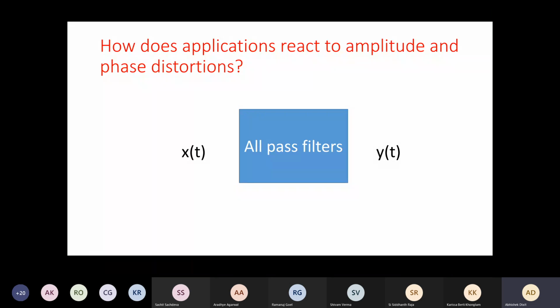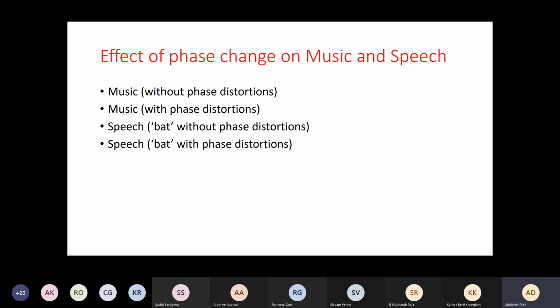The first analysis that we will do in the time that we have is for the music signal. I will have an all pass filter which was created by the design that I have illustrated, and I will see the impact on the music signal that this all pass filter creates. Let us play out 4 sounds. The first is the music signal without any all pass filter, so the music signal as it is.